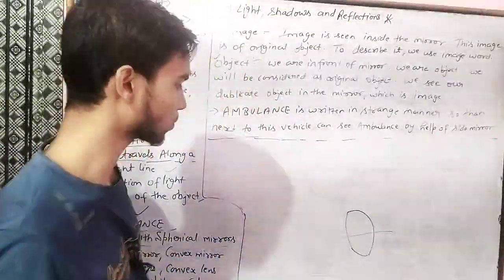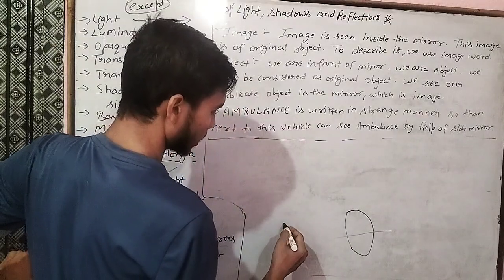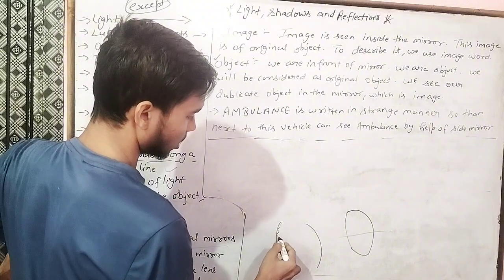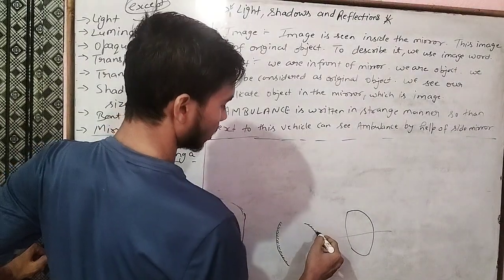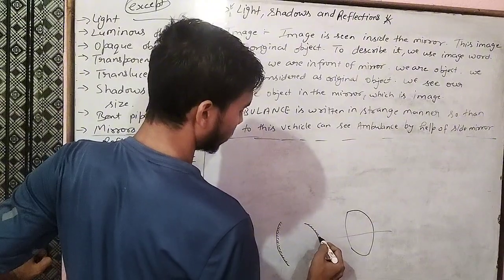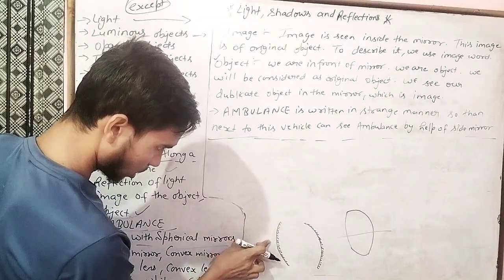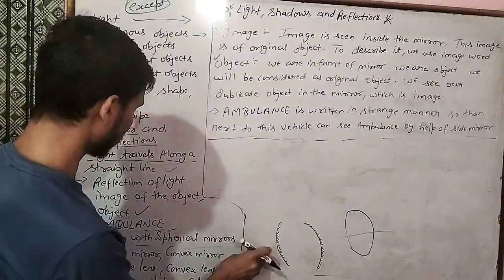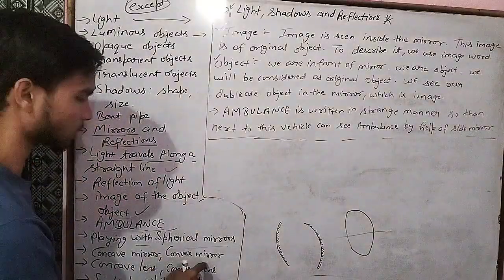When we cut this spherical mirror, we get two types of shape like this. This is a painted area. We are talking about the mirror, so behind the mirror should be the painted area. This convex area of a spherical explains the convex mirror.